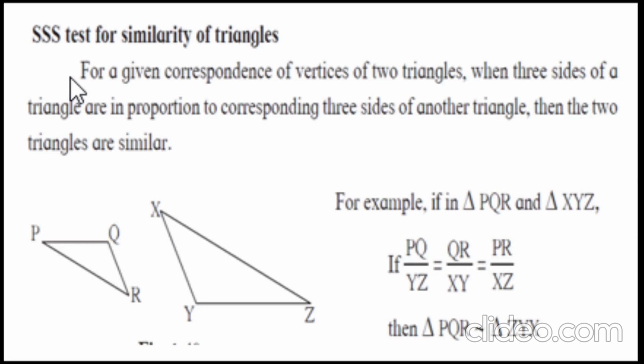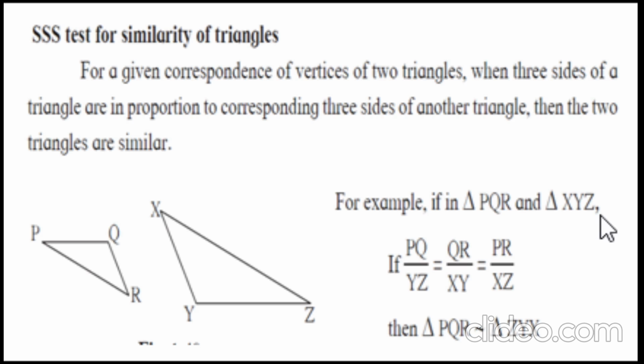Then the next test is SSS, that means the side test of similarity of triangles. For a given correspondence of vertices of two triangles, when three sides of a triangle are in proportion to the corresponding three sides of another triangle, then the two triangles are similar. We are given two triangles PQR and XYZ.